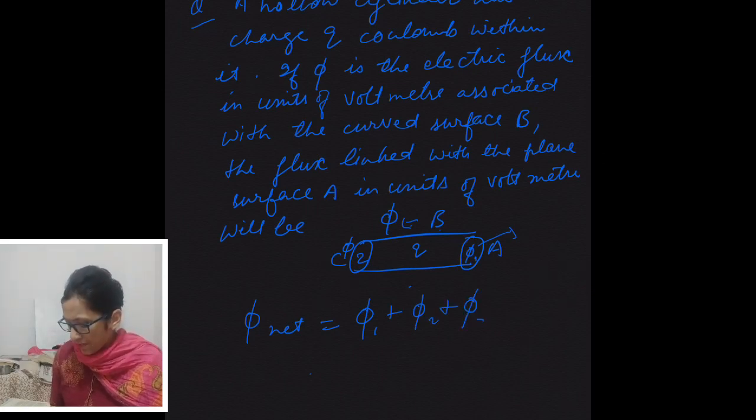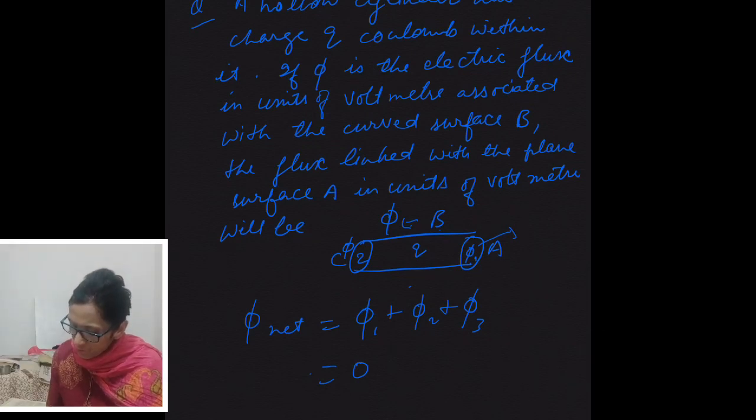Now we know that phi net is equal to phi 1 plus phi 2 plus phi 3, and flux through B is given, and it is equal to phi through B, it is given, through C and through A. Flux will be similar as they have same surface area and distance from the charge also is same.